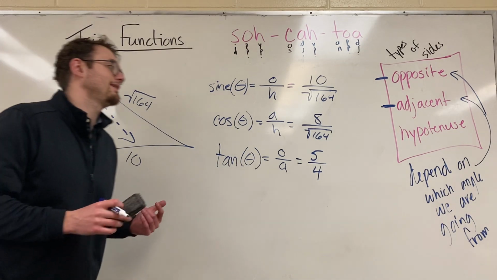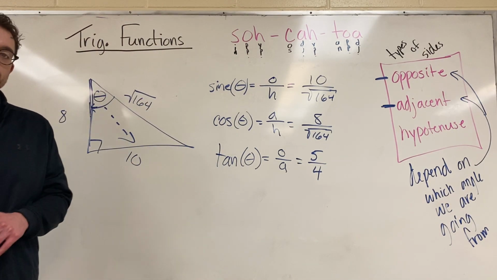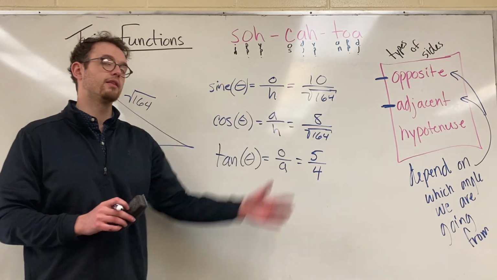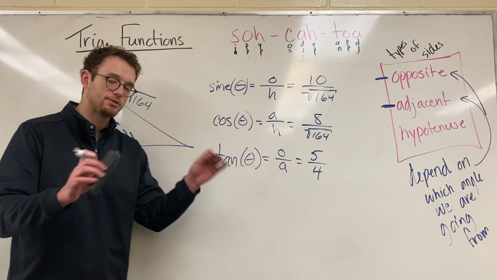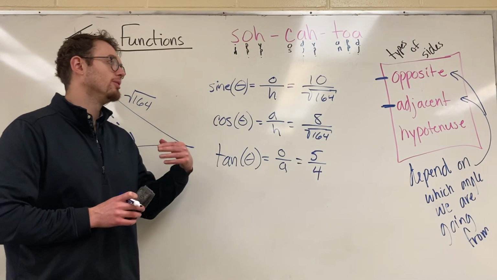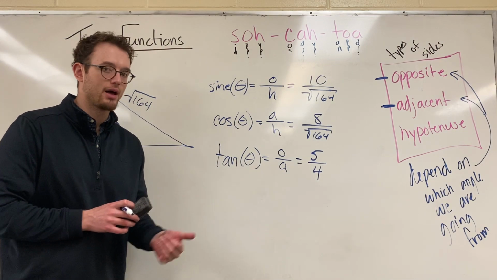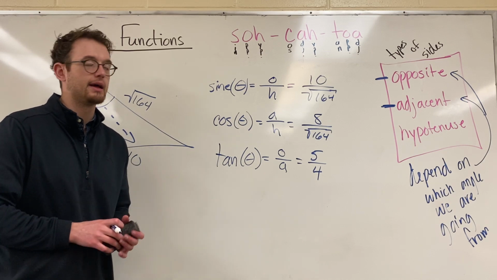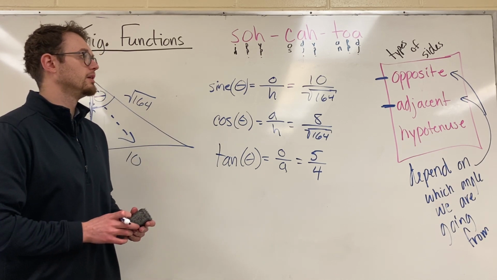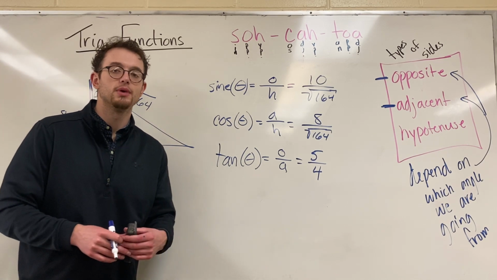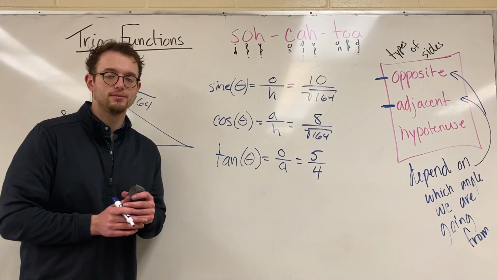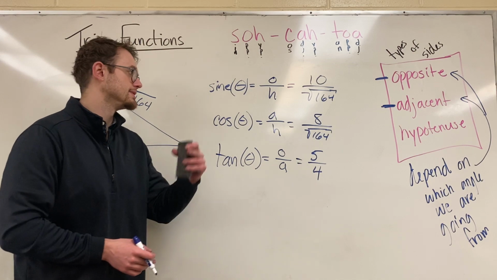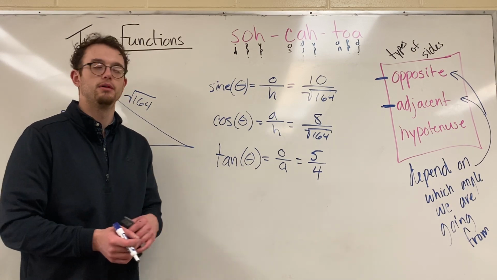And I know technically, because of the school closure, I'm not getting into simplifying this. I would have, if my students were in my classroom, gone over, we don't really like square roots to be on the bottom of the fraction, and we'd simplify that. But for the sake of this, I just want my students to understand which one goes where, and that's it. Opposite goes on top, hypotenuse goes on bottom.